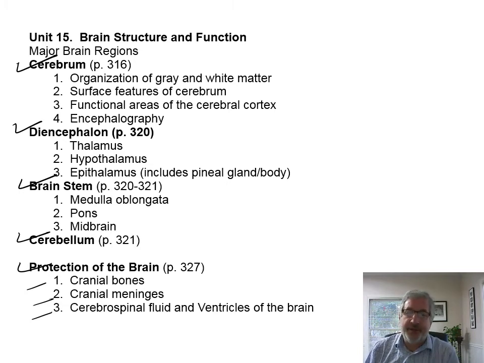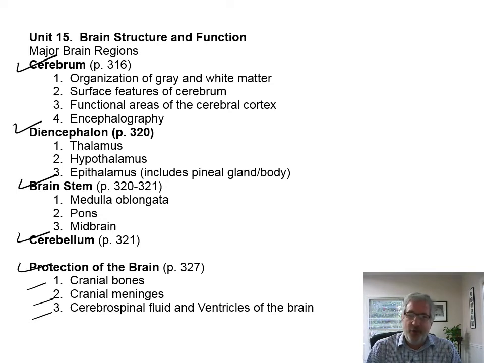In the cerebrum, we're going to talk about the gray and white matter, surface features, functional areas, and then I'll touch on encephalography, brain waves. And then the diencephalon, the thalamus, hypothalamus, epithalamus. Brainstem, the medulla oblongata, the pons, and the midbrain, and then finally the cerebellum.